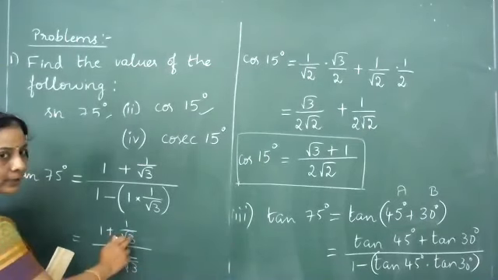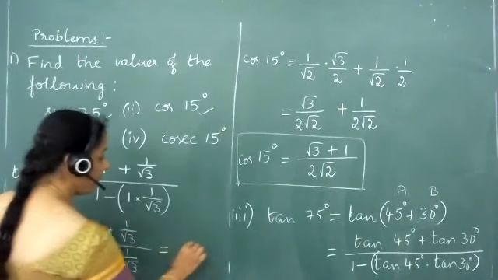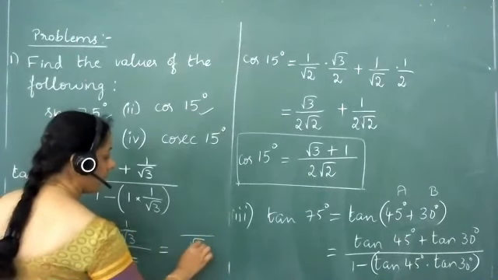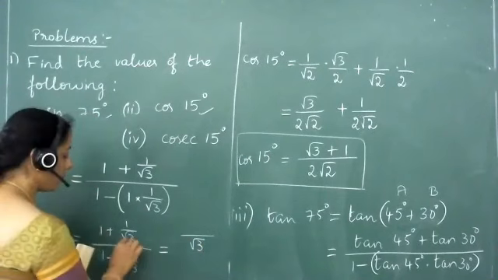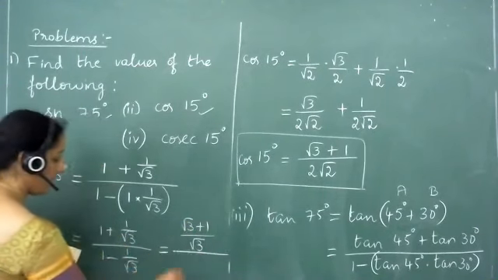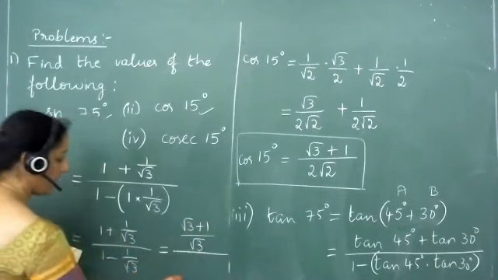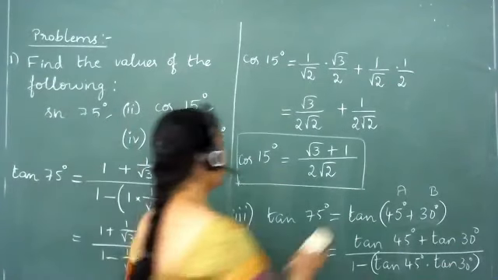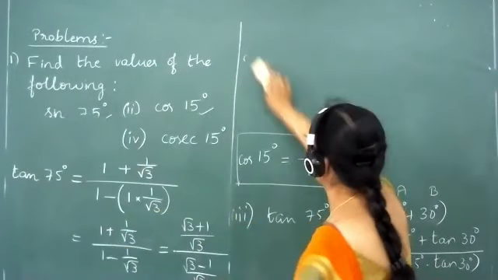Numerator is the sum of two fractions. Denominator is the difference of two fractions. So to simplify you have to definitely take the LCM in the denominator, which comes as root 3. Numerator becomes root 3 plus 1. Similarly in the denominator we have root 3 minus 1 by root 3. And here this has to be simplified further.